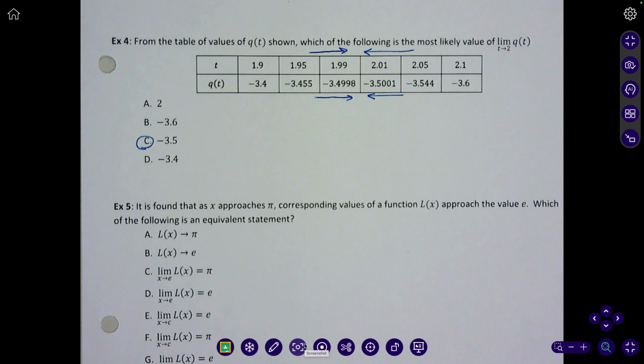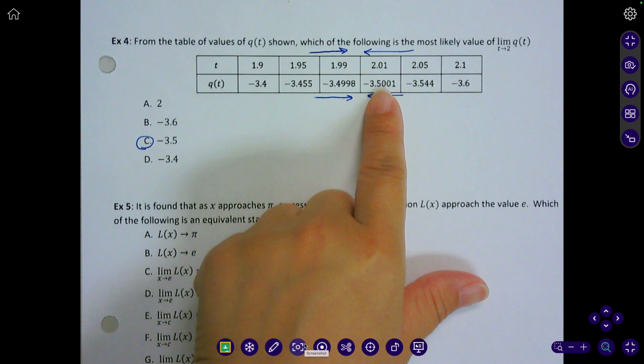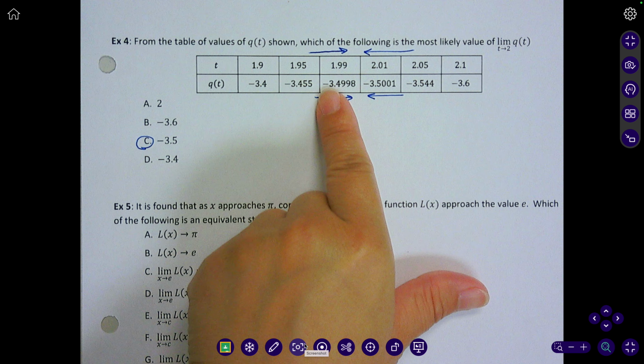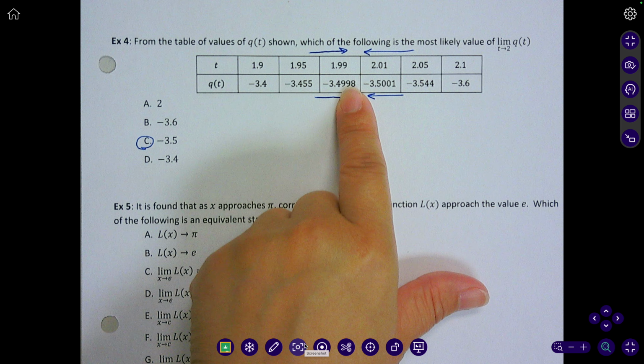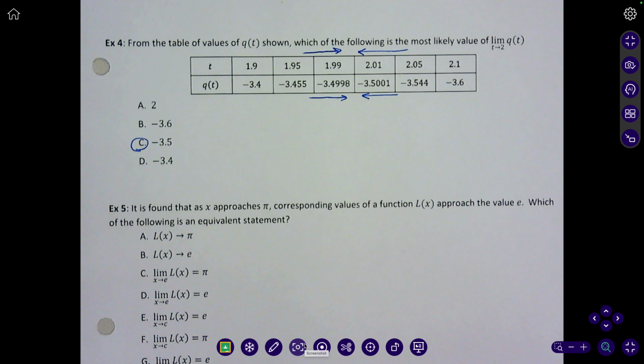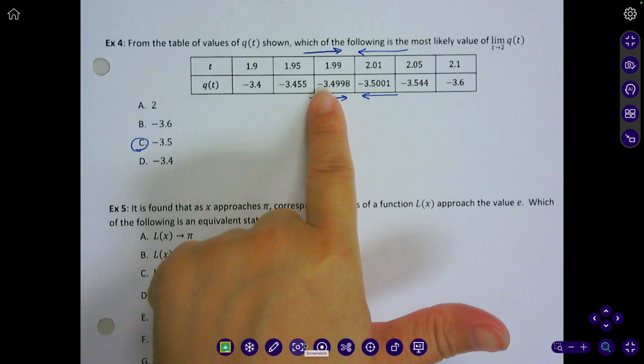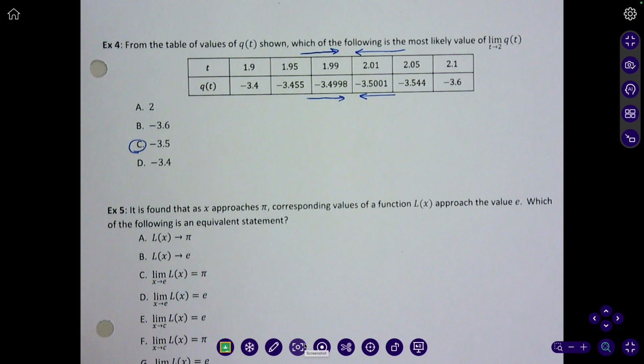Now, Ms. Shen, what if this were like a negative 4? Now we have a problem, because negative 3.499 and negative 4 are not close to each other. Do you see that? We can only determine the limit if the numbers are approximately the same.